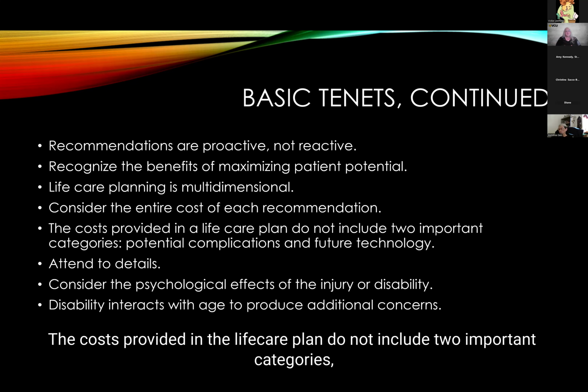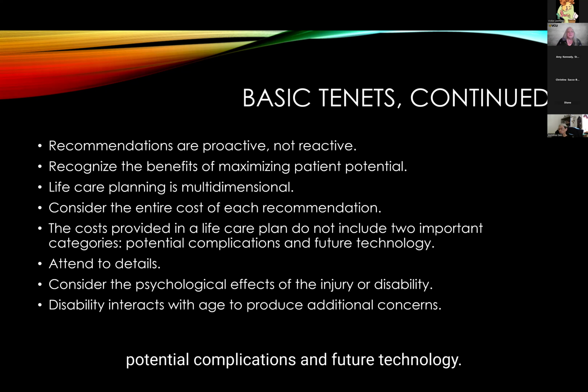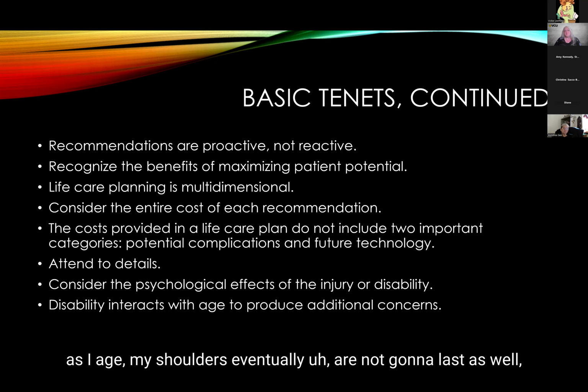The costs provided in a life care plan do not include two important categories: potential complications and future technology. Why? We can't predict those, right? If something is more likely than not to occur, for example, if I'm a wheelchair user, as I age, my shoulders eventually are not going to last as well.